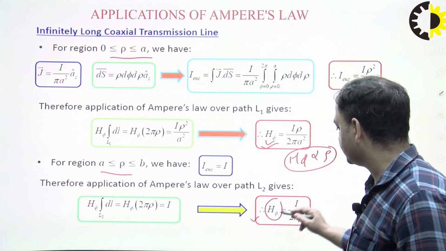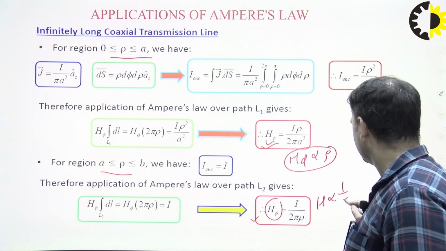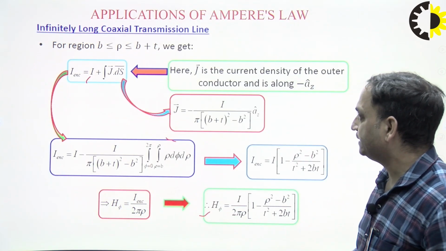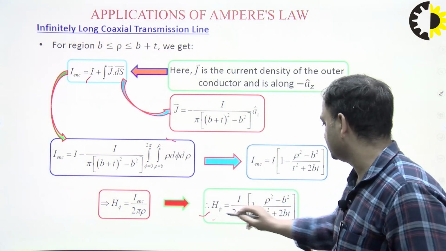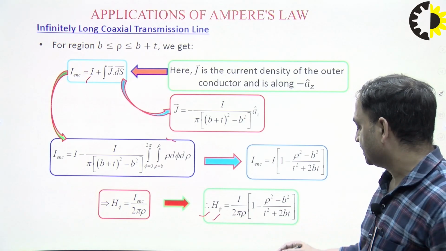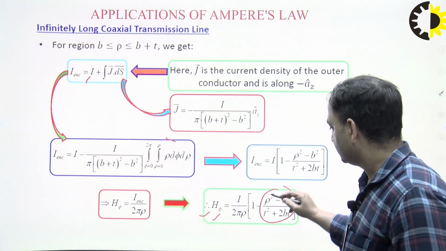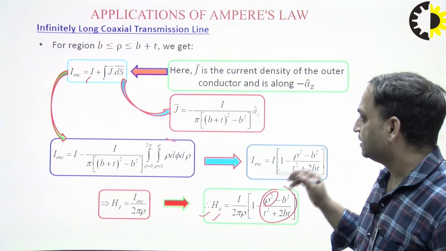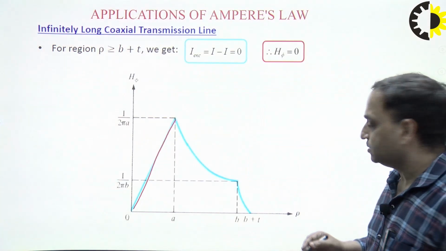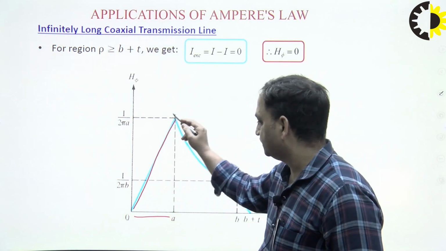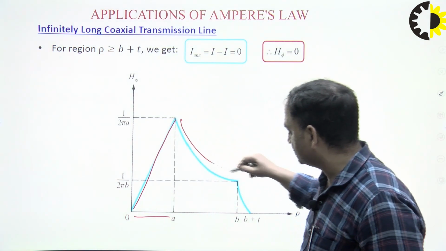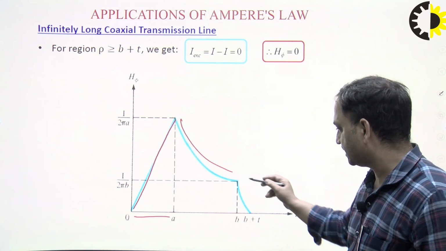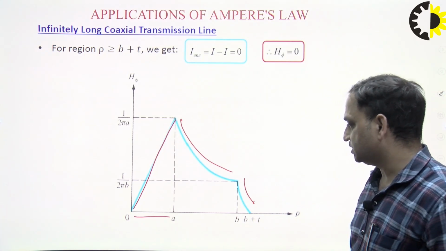In the second case, H phi is inversely proportional to rho, so it reduces in the region from A to B. Then we have H equal to I upon 2 pi rho, but here there is one more factor, a rho square, which has to be considered for drawing the graph between B and B plus T. So from 0 to A there is a linear relation, from A to B an inversely reduced value of H phi, between B and B plus T it again reduces, and after B plus T this value will be 0.